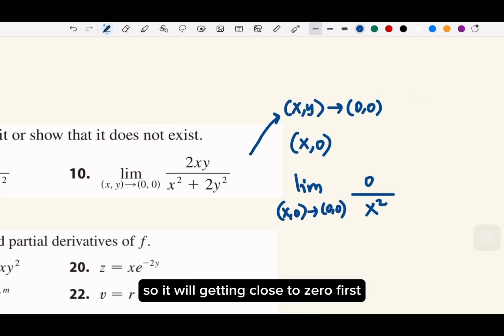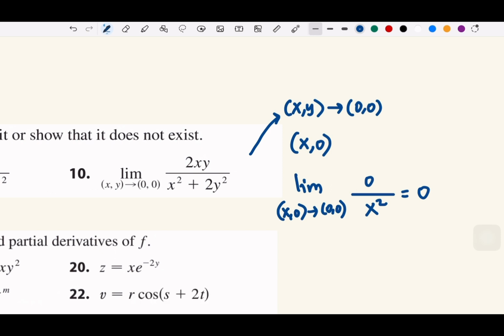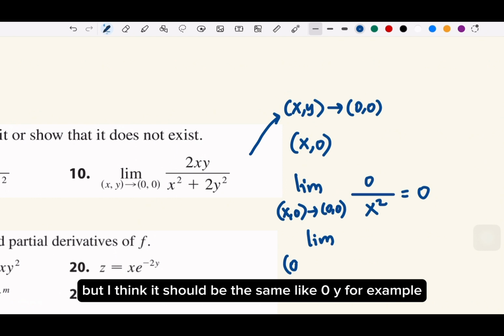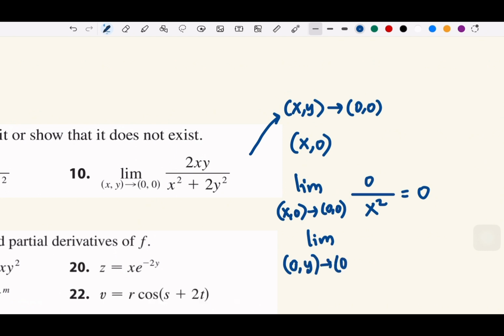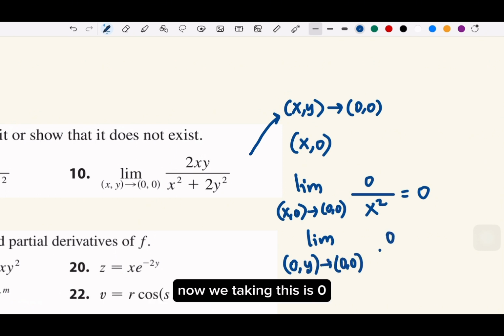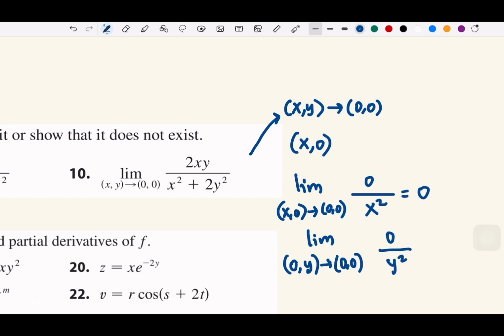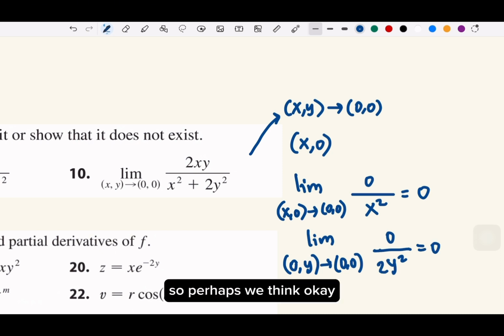So it will get close to 0 first rather than any other number. You can check with another possibility, but it should be the same, like 0, y. Now this is 0, and then y squared at the bottom, and this is also 0. So perhaps we think, because it's equal, maybe this is the result.